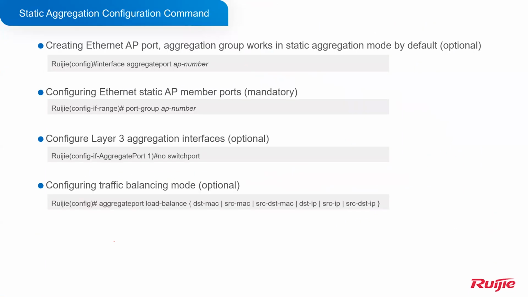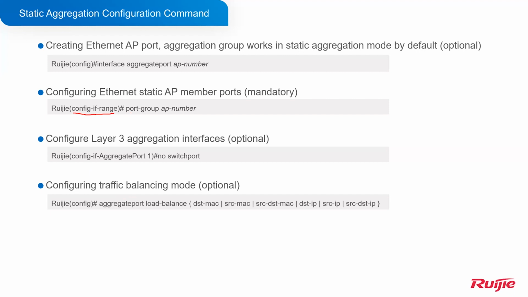First step is to create the aggregate port: interface aggregate port, followed by a number. For example, interface aggregate port 1, interface aggregate port 2. Okay, and then configure the Ethernet static AP member ports, for example, port group 1. This is configured on one specific interface because the command is used in the interface configuration view.